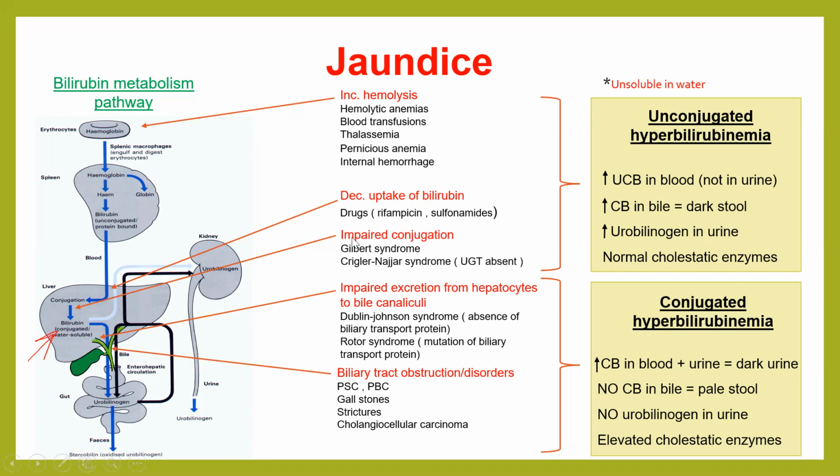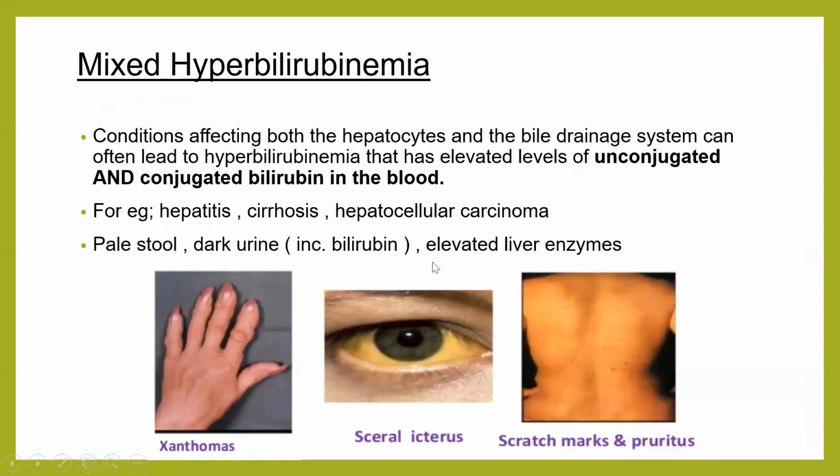The next problem can arise in impaired conjugation at the level of the liver. Especially it is seen in Gilbert syndrome and Crigler-Najjar syndrome. They're quite similar. In Gilbert syndrome, we have reduced activity of this enzyme called UGT. It's UDP glucuronosyltransferase, which is responsible for the conjugation itself.